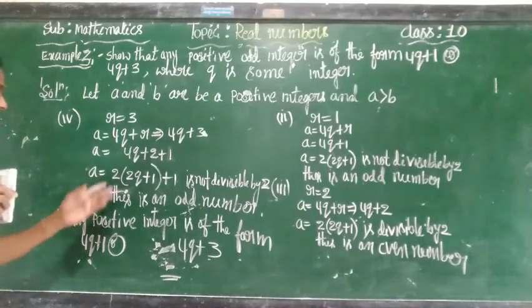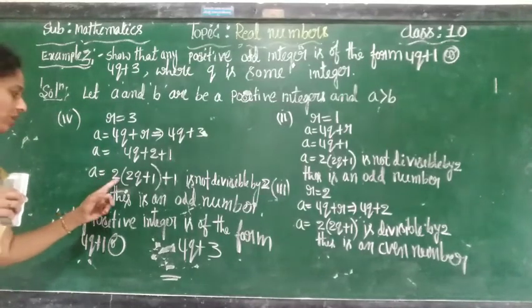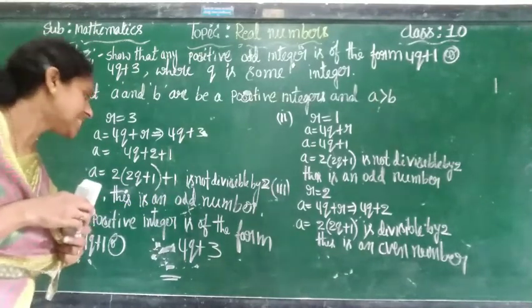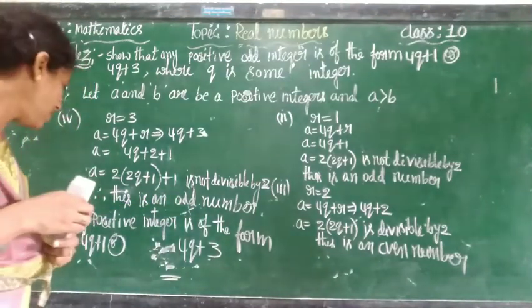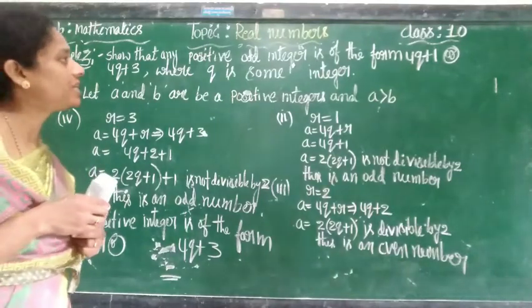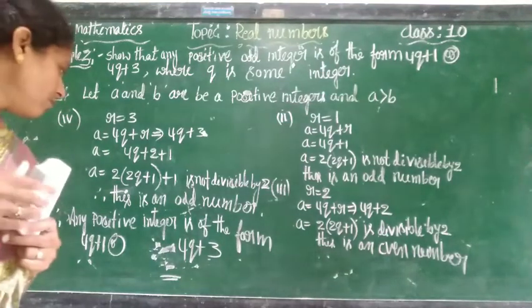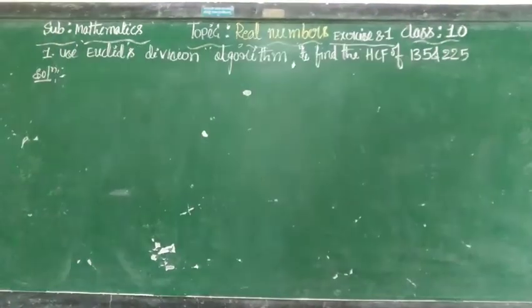If condition 3, a is equal to 2 into 2q plus 1 is not divisible by 2. This is an odd number. So any positive integer is of the form 4q plus 1 or 4q plus 3.